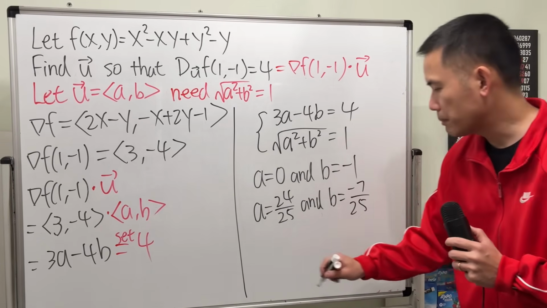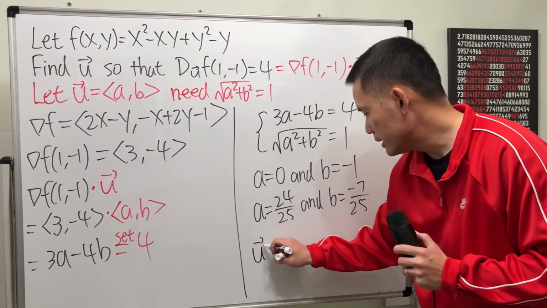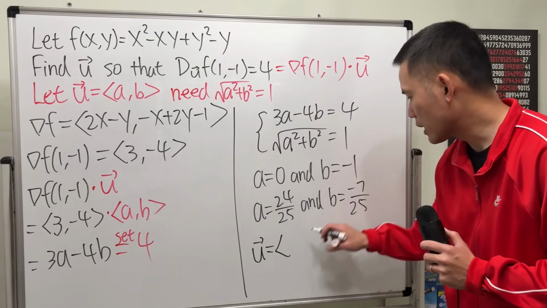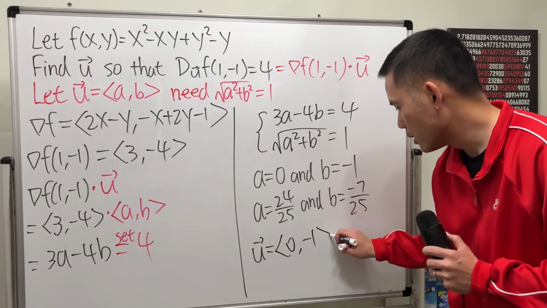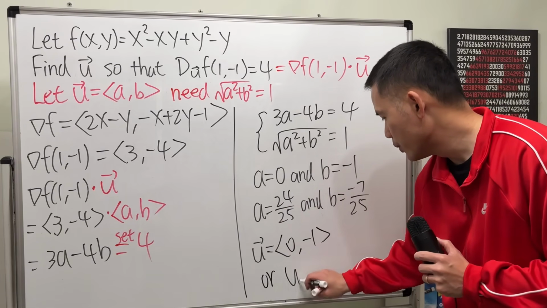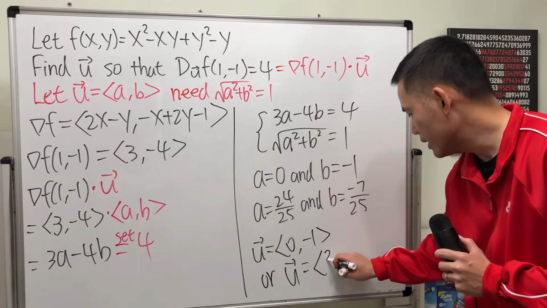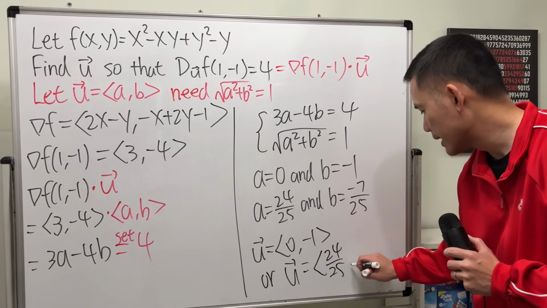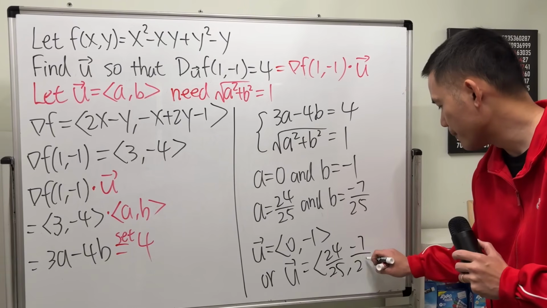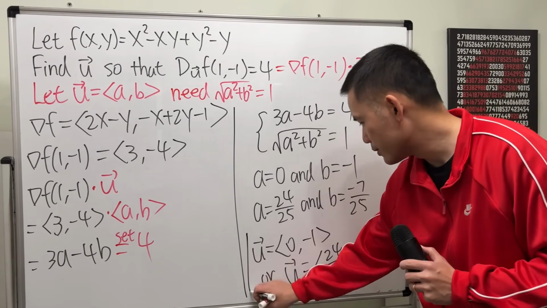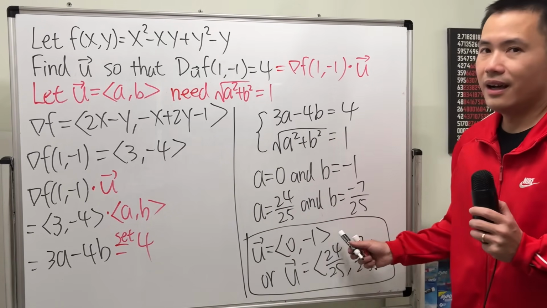So we have two possibilities for u. u is either equal to (0, -1), or u is equal to (24/25, -7/25). And these right here are the answers.